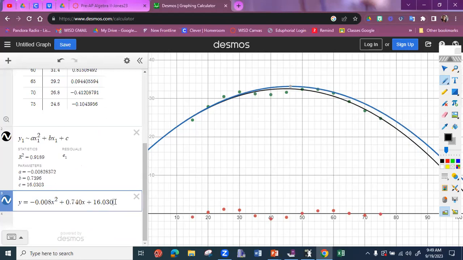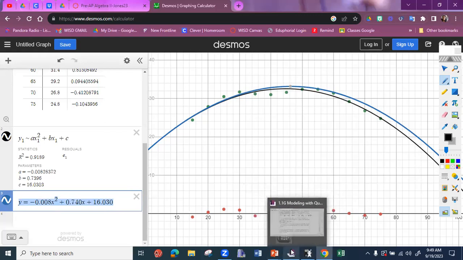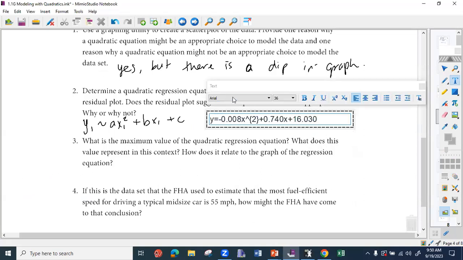My approximate regression equation. So that's what I'm writing in that box. Is that doable? Okay.